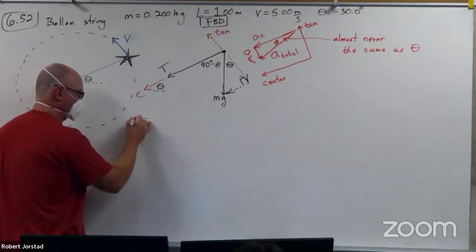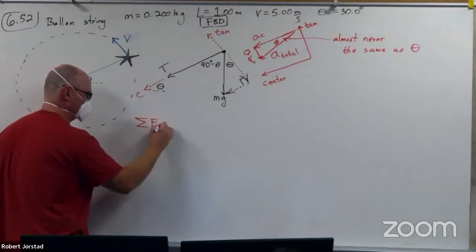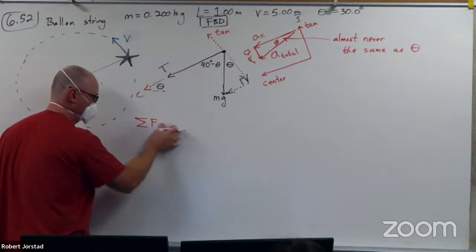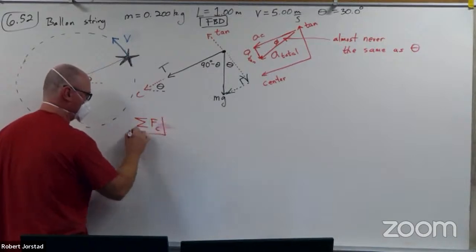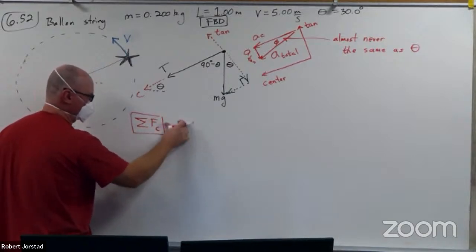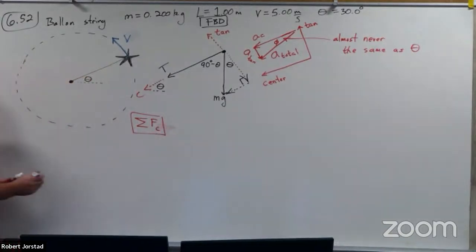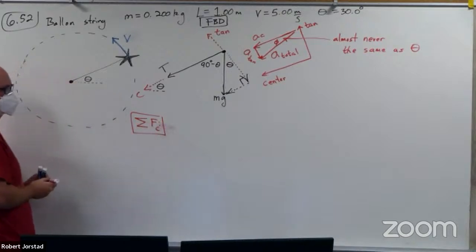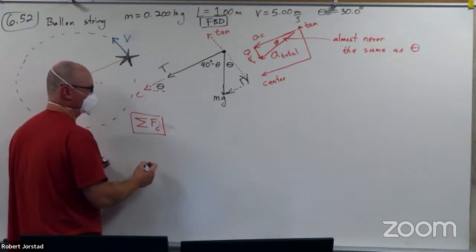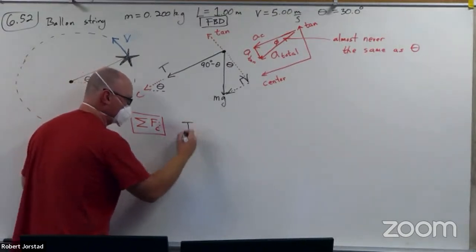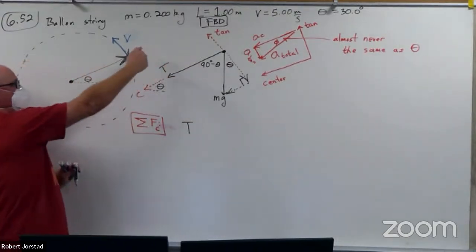Who's feeling brave? I need the sum of forces in the centripetal direction. Again, most textbooks don't say centripetal, they'll say radial, but whatever. We know it's basically the same kind of thing. Give me one force in the centripetal direction. T, all of it or some of it? Positive or negative? Positive T towards the center.